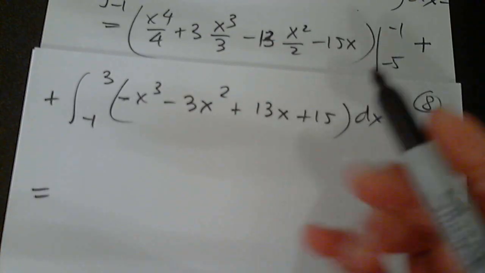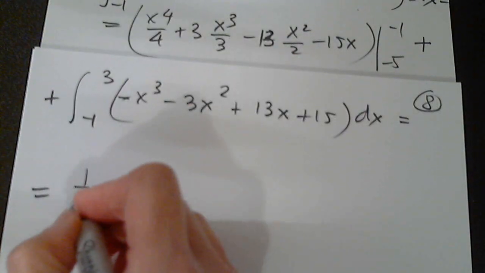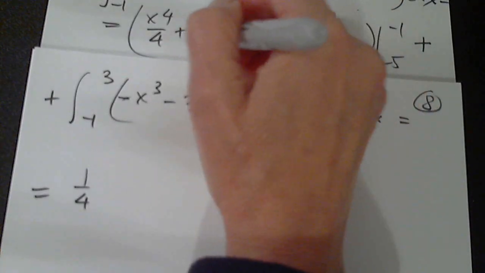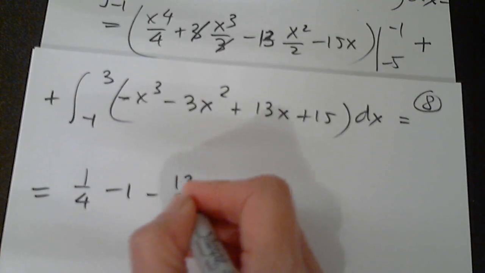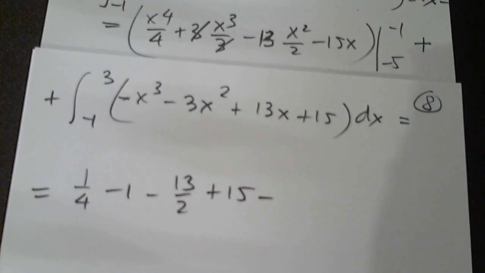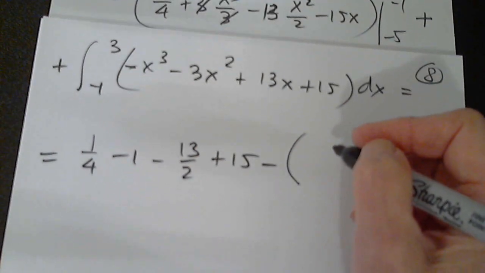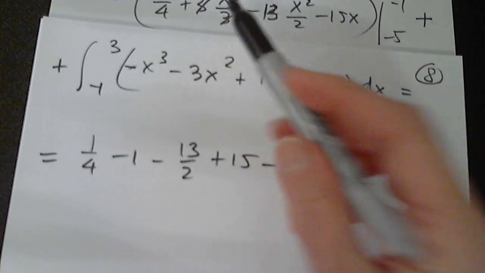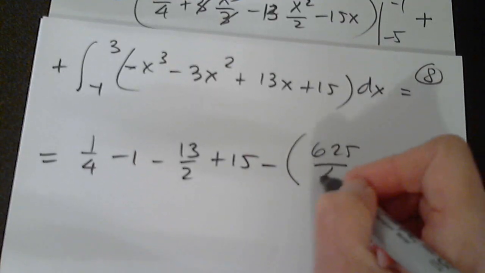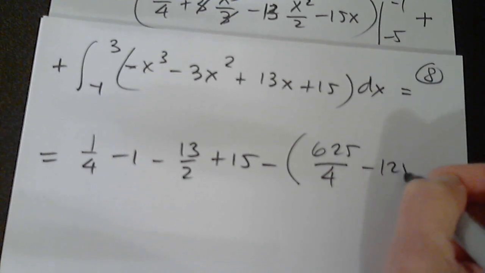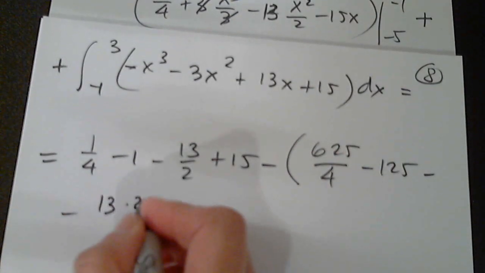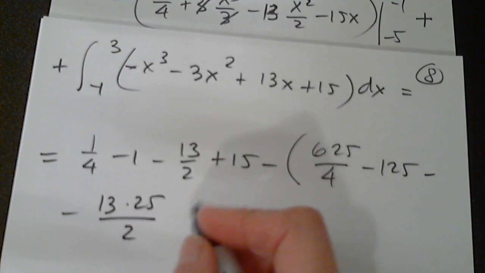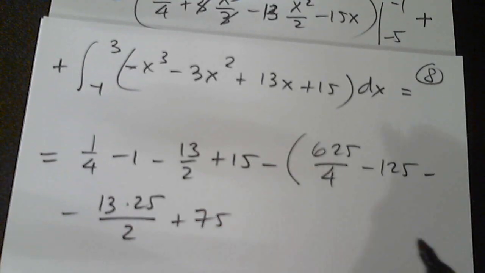Okay, so I plug in -1, 1/4, minus 1, minus 13 halves, and plus 15. A lot of calculations here. 625 over 4 minus 125 minus 13 times 25 over 2 and plus 75.